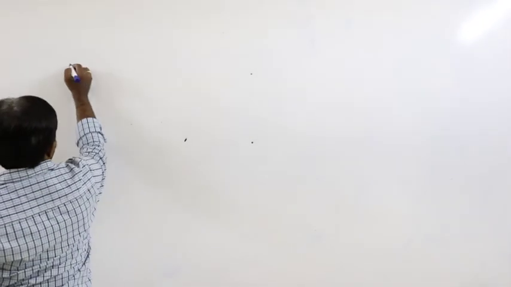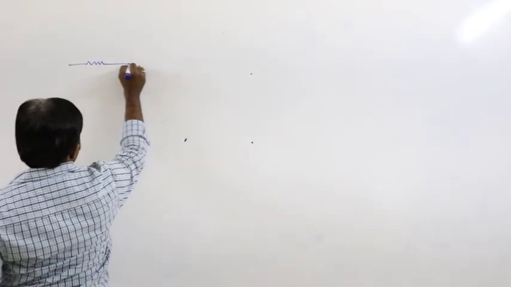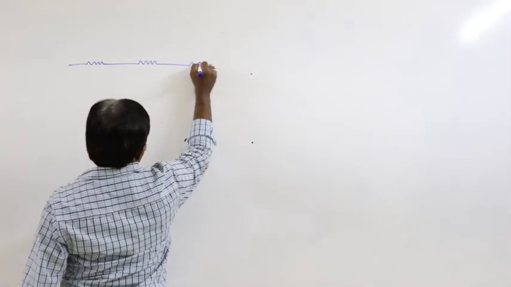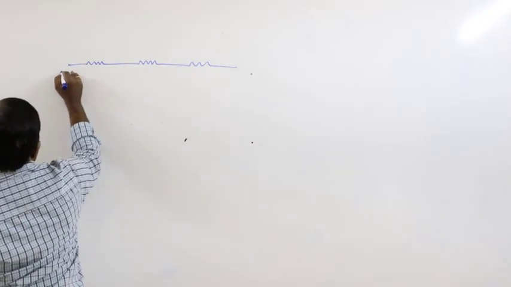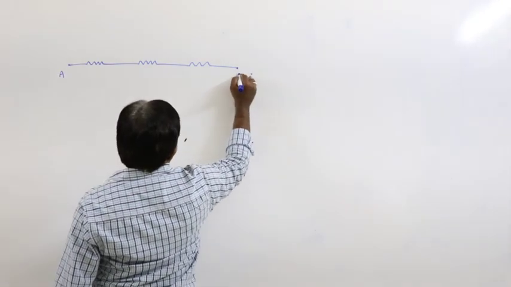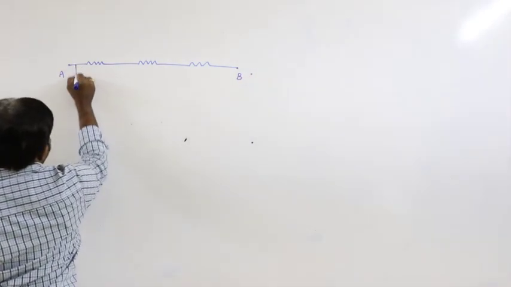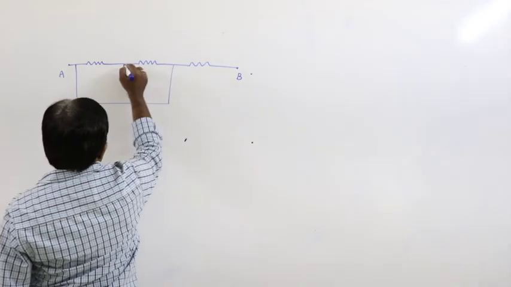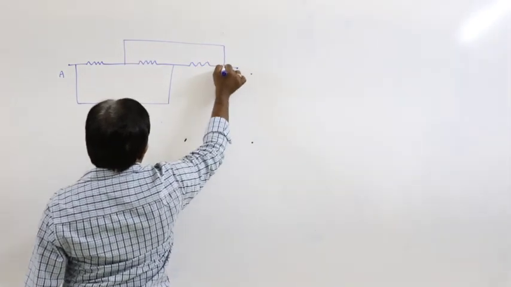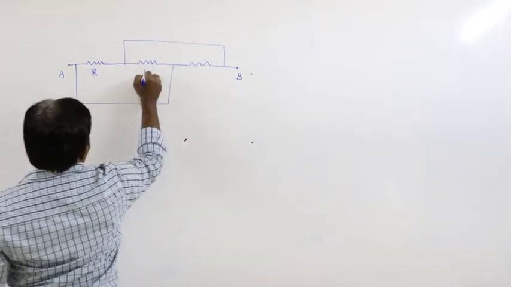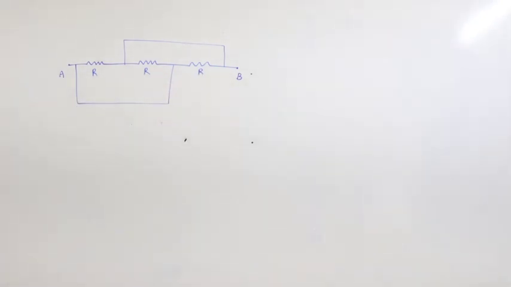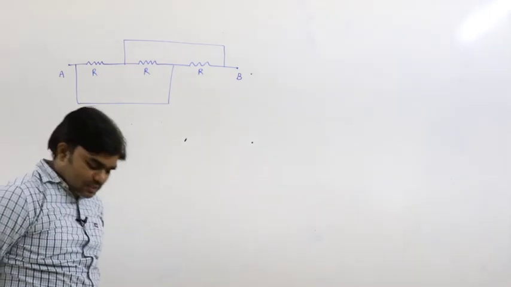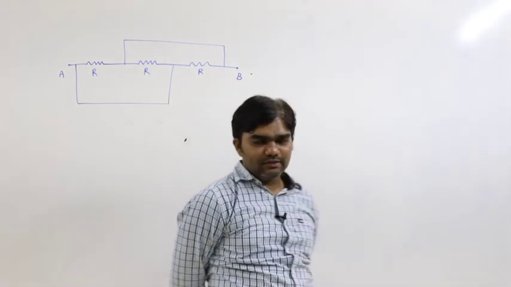One simple problem here. It's A, it is B. So what is the effective resistance between A and B here?